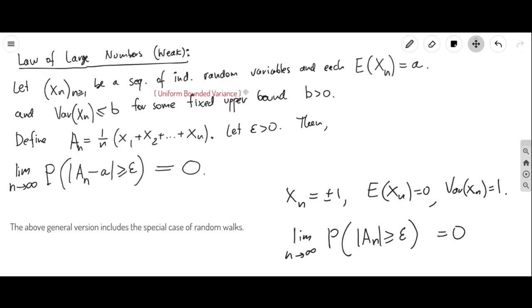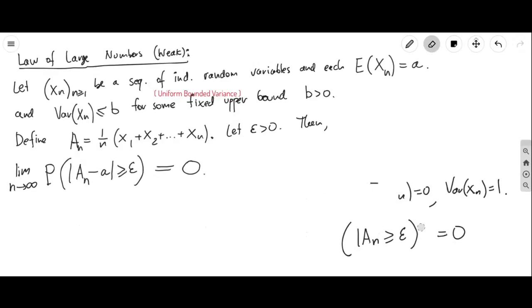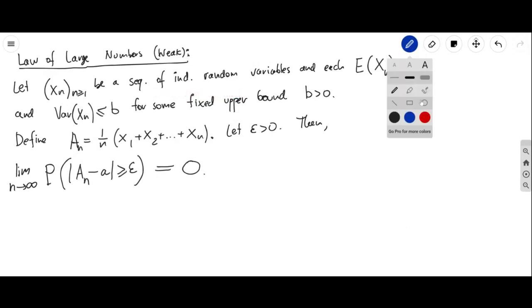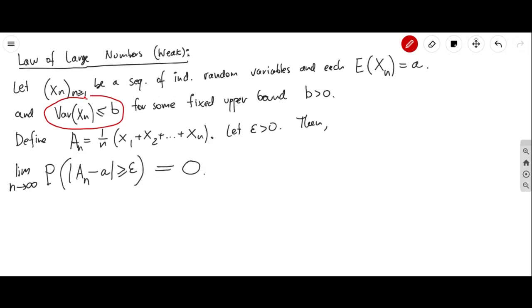And one thing you notice is something that might be a little bit unusual, and it's the appearance of variance. You look at that and you say, the law of large numbers only says something about averages.